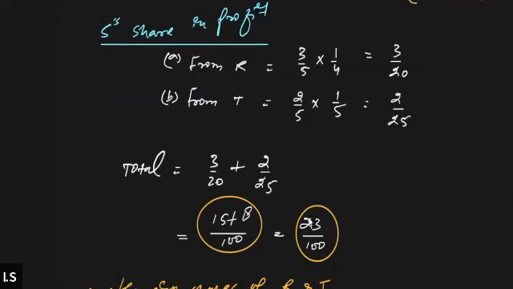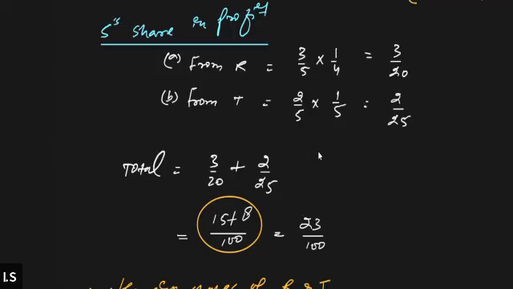Is that correct? You can check the calculation later, but just keep focus on understanding this. This is R's contribution, this is T's contribution. Adding this, we got 23/100. The logic is clear.